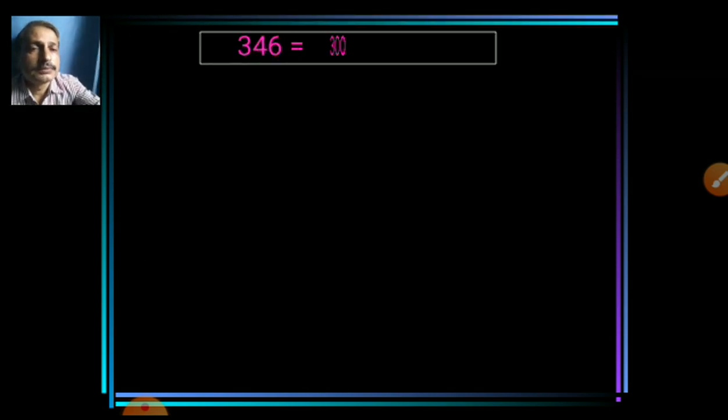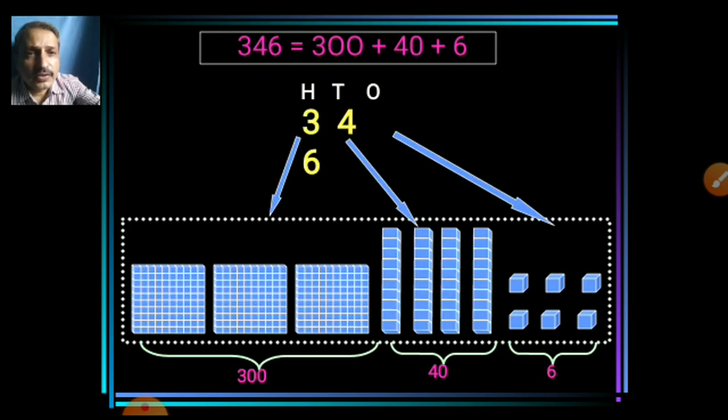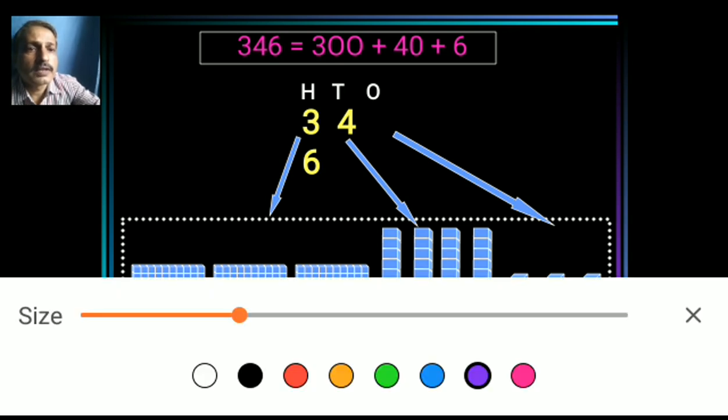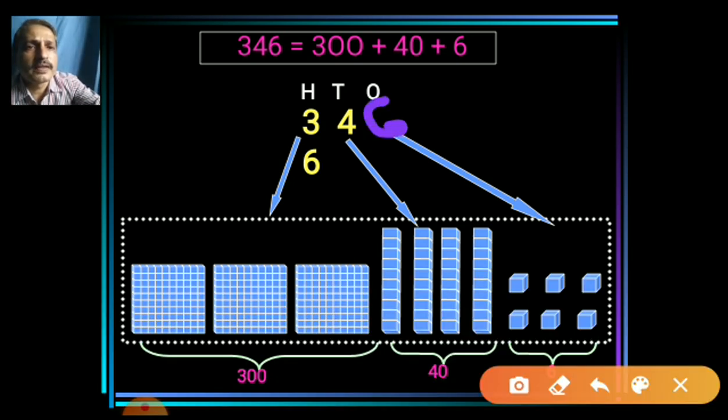Good. 346 is also denoted this way. 3, 4, 6, 6 came down by mistake. Don't worry, 6 is lying here only. See, I am writing here, yellow color is not there with me. Forget about this one, no problem. I can write here 6. This 6 I can remove from here.